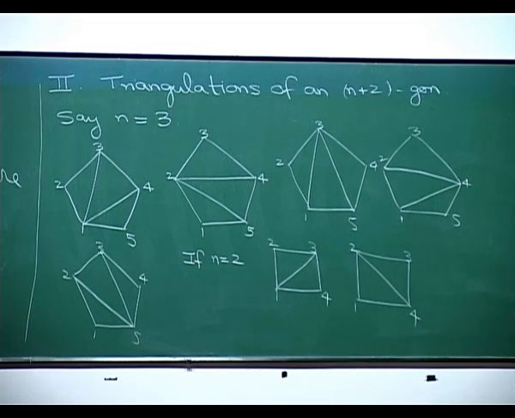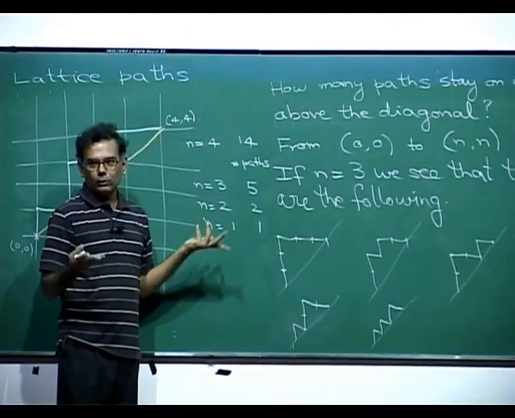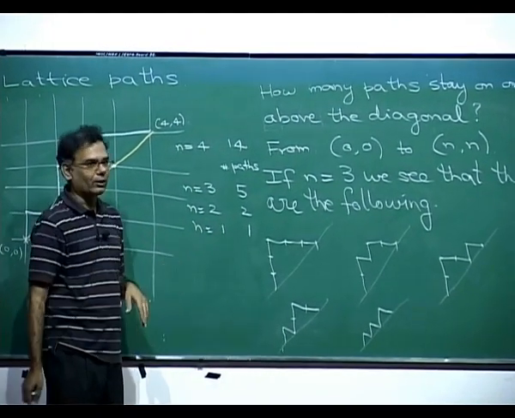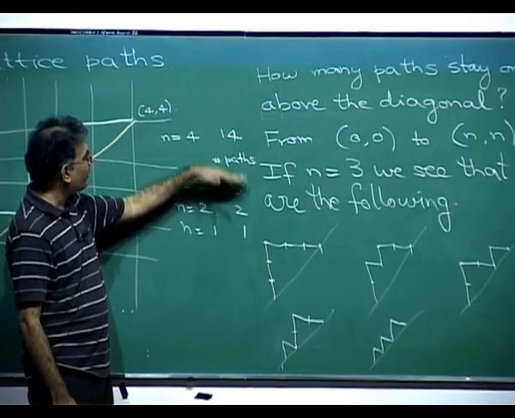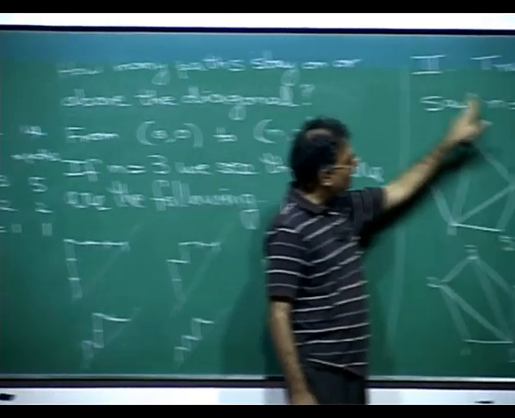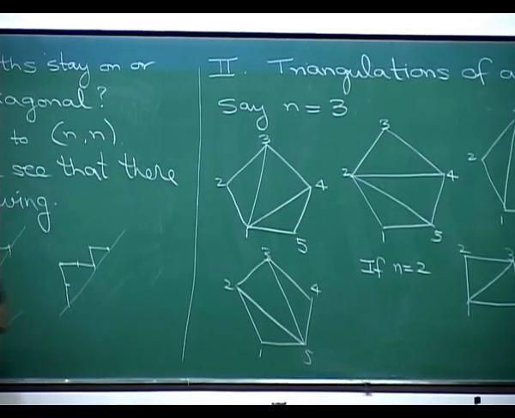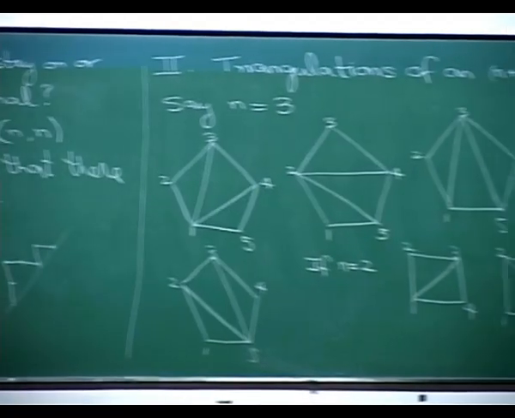And again one checks, if you go to a hexagon and try all possible ways of cutting it, you will see that there are 14 ways of doing it. So that sequence somehow seems to agree with this sequence 1, 2, 5, 14. Of course, when n is 1, you have a triangle. You don't need to draw any diagonal, there is only one way, it is already a triangle. So you have 1, 2, 5, 14 arising in this context also, triangulations of an n plus 2 gon. Okay, so that is 2 problems in which this sequence arises.